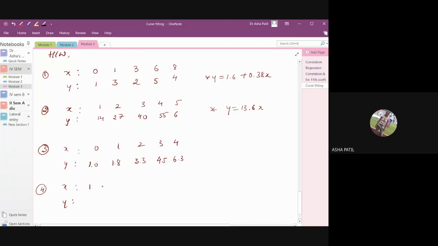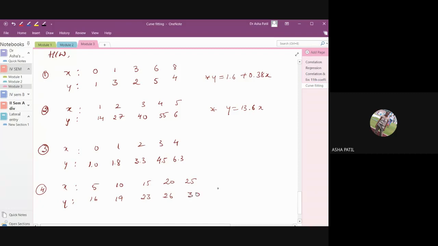Shall I give a bigger one with big values? x is 5, 10, 15, 20, 25 and y is 16, 19, 23, 26, and 30.